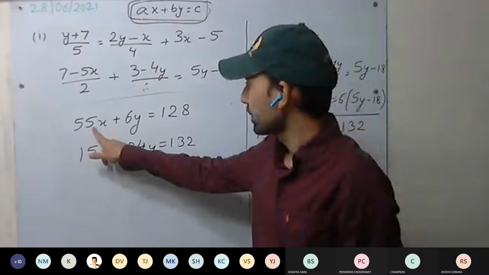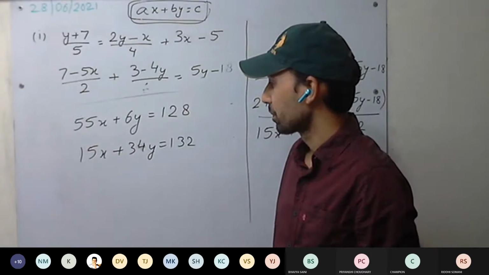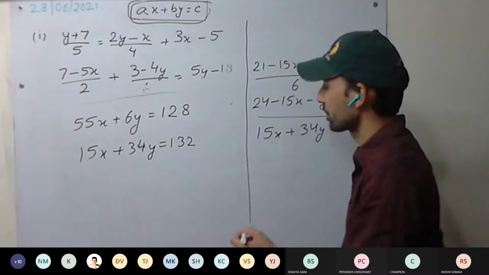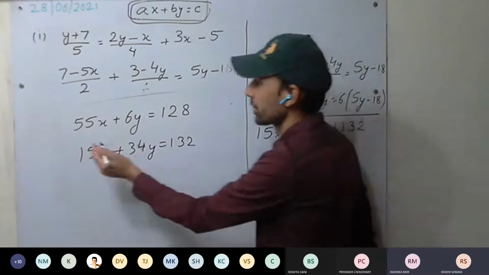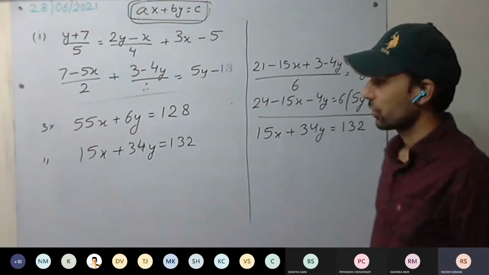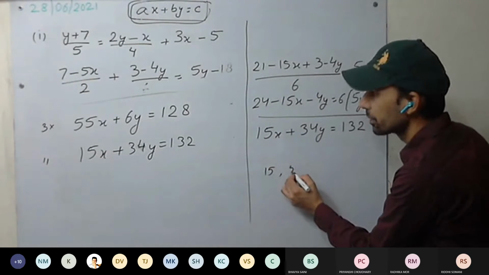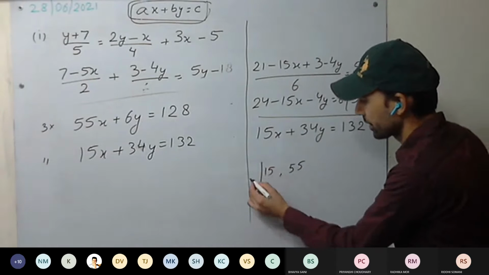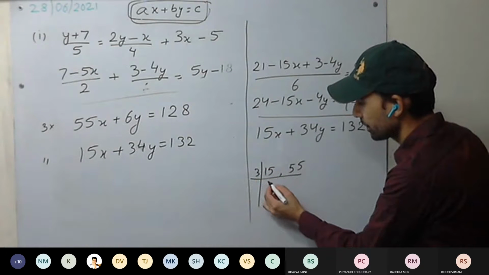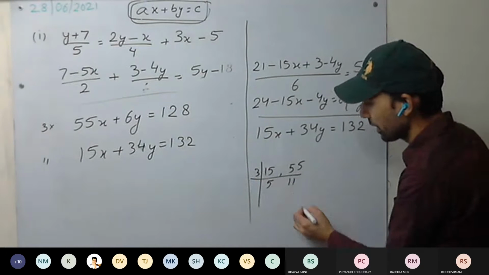By what factor should they be multiplied? Sir, the first one should be multiplied with 3 and the second one with 11. So how do you figure that out? 15 and 55, it will be 5 times 3 and 5 times 11.